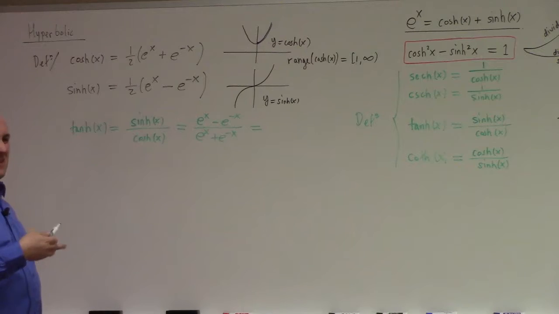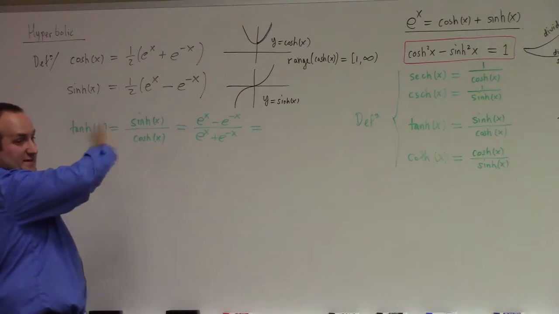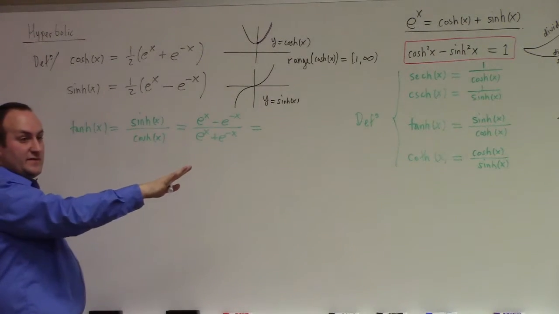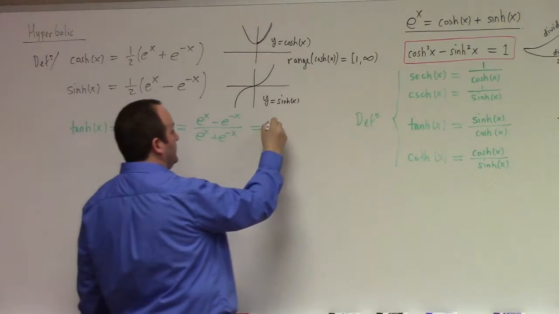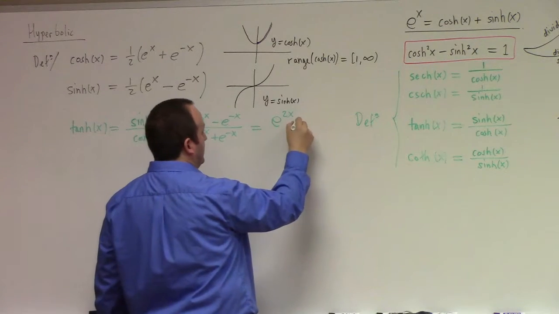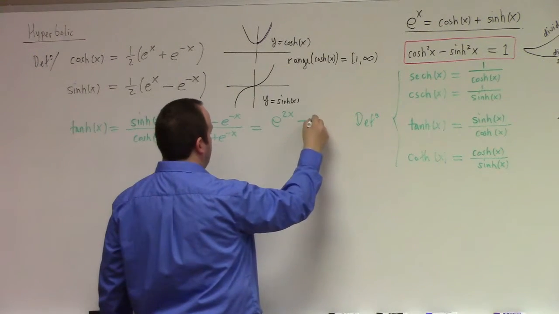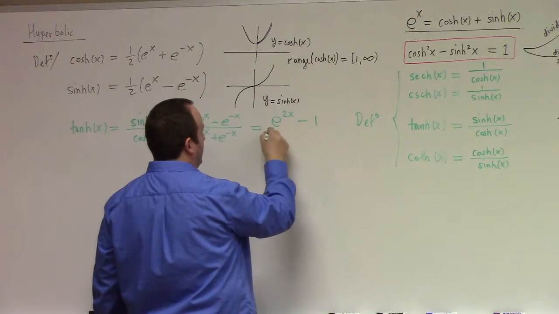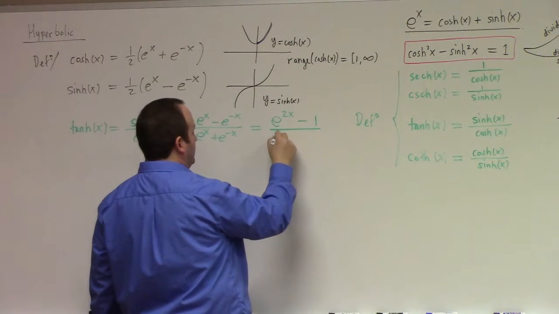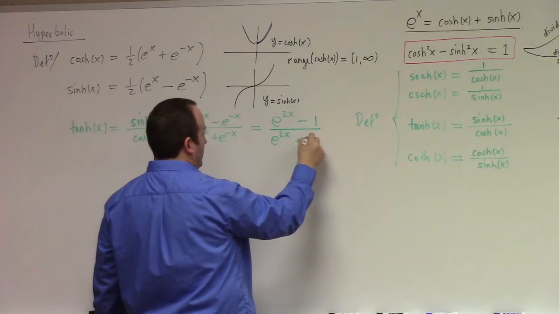Let's make everything e to the 2x. Multiply the top and the bottom by the exponential function. What do you get? We get e to the 2x minus 1 over e to the 2x plus 1.